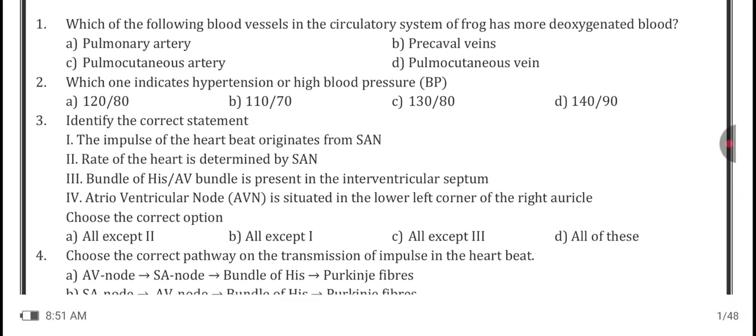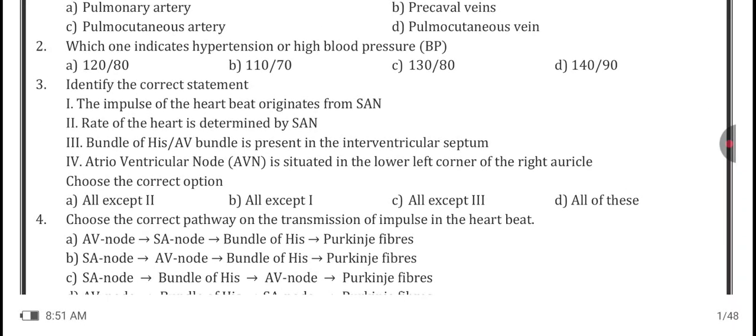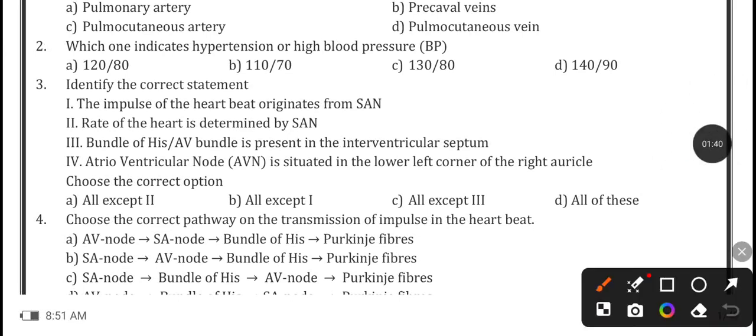Now let's move on to question number 3. Identify the correct statement. The first statement: the impulse of the heartbeat originates from the SA node. It's absolutely right. Now the rate of the heart is determined by the SA node. It's also right. The bundle of His is present in the interventricular septum.